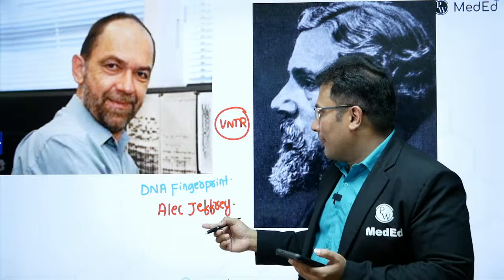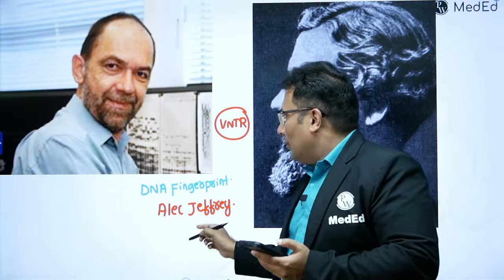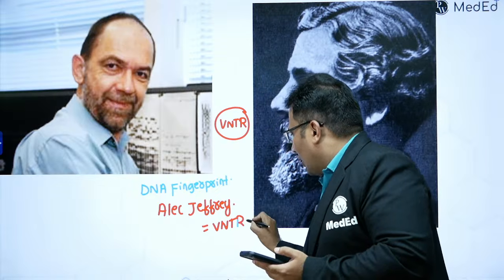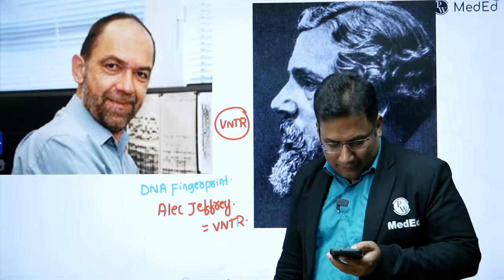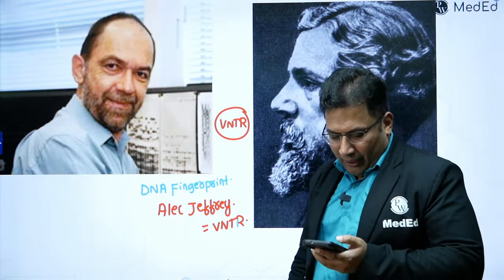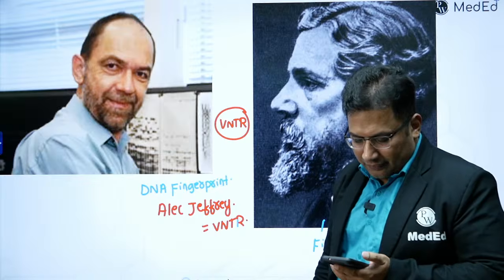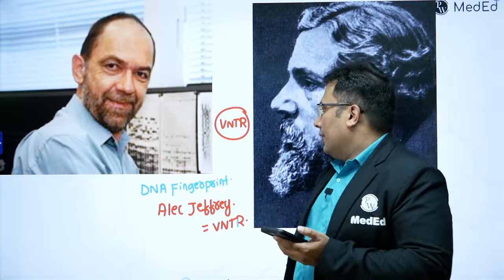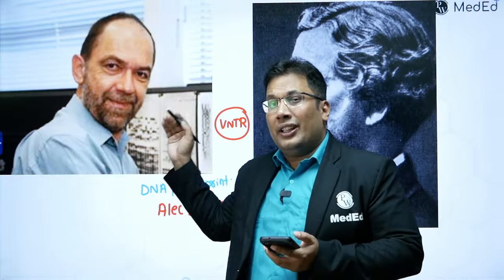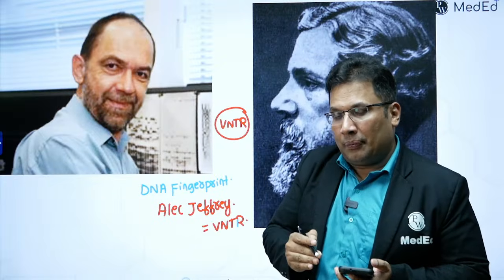So all of you write in the chat box. Alec Jeffrey is equal to VNTR. Write this in chat box. Keep writing. Neha Reddy, Manjunatha Datta, Muhammad Ansari. So DNA fingerprint is one of the absolute method of identification.